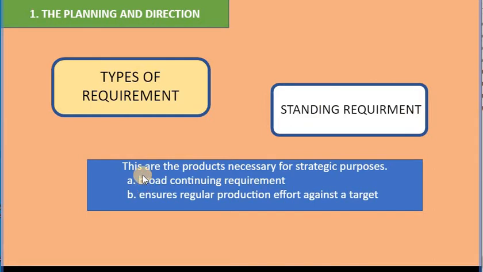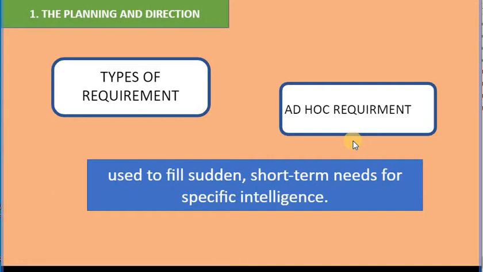So what are the products of this standing requirement? Those broad continuing requirements, so that the plan continues. It ensures regular production effort against the target. Even if they encounter a problem or something critical, they still ensure that there is a regular production of information.